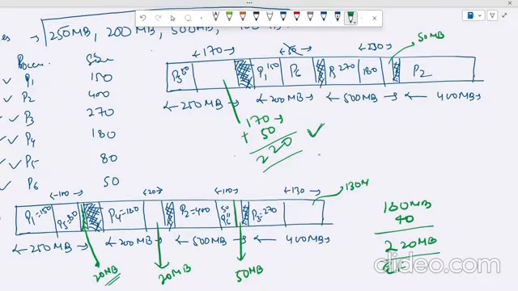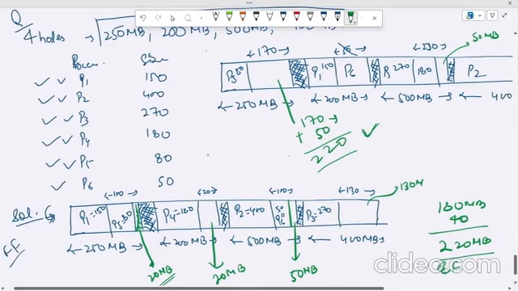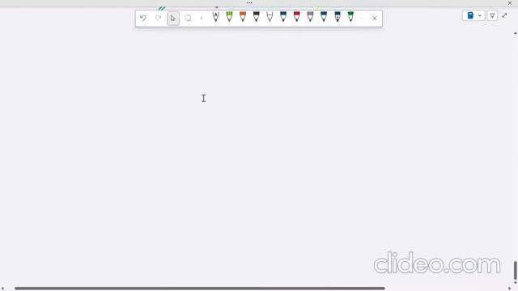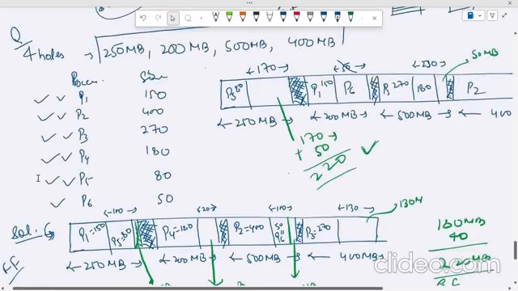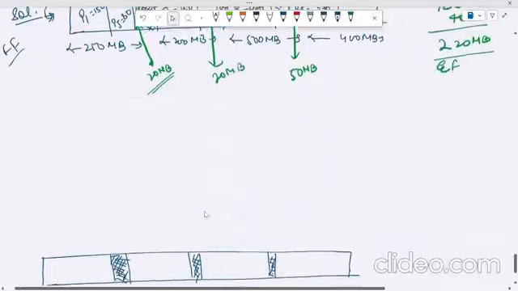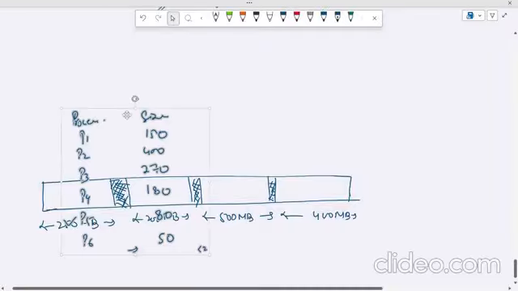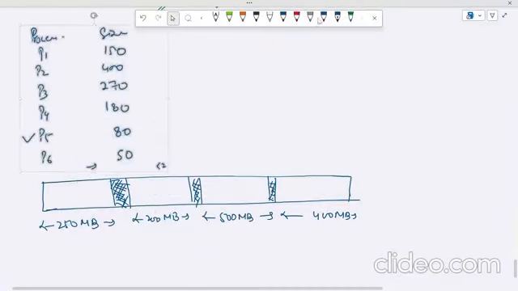Now it's time to solve it by worst fit. Okay, so let's solve it by worst fit.